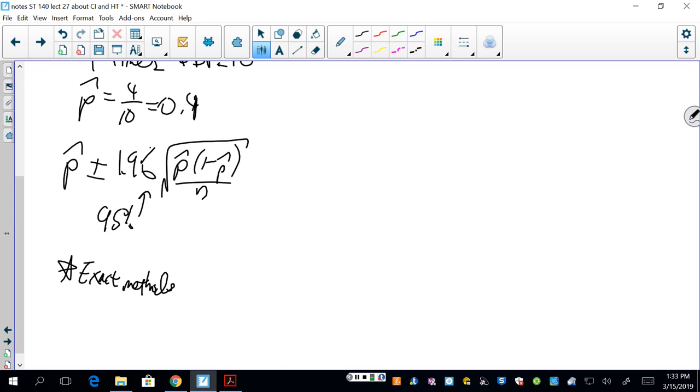Those exact methods would be a little bit better in this case because the sample size is pretty small. But if you use the normal formula as a confidence interval, that would be fine. That's the formula we've used so far. Any other questions on just getting that one going?